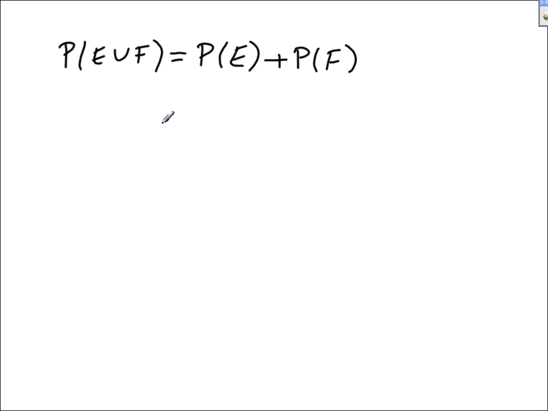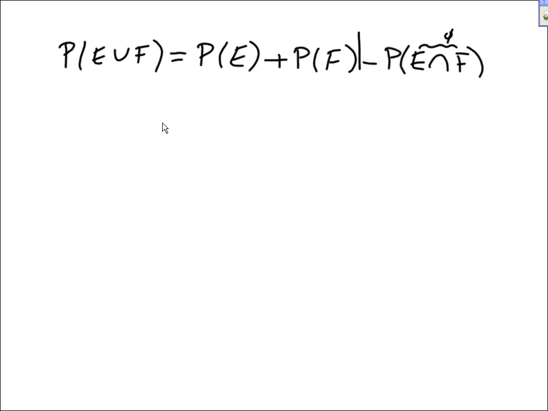But we can prove this, being proposition 3: the probability of E union F is the probability of E plus the probability of F minus the probability of E intersect F. Now, if these sets are mutually exclusive, then the intersection will be 0, and the probability of being in the empty set is 0.